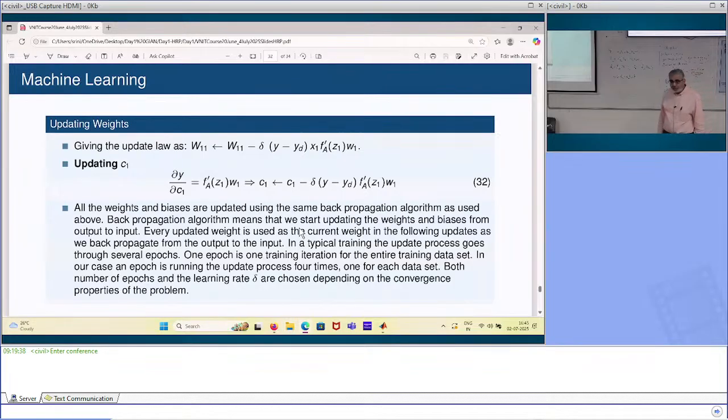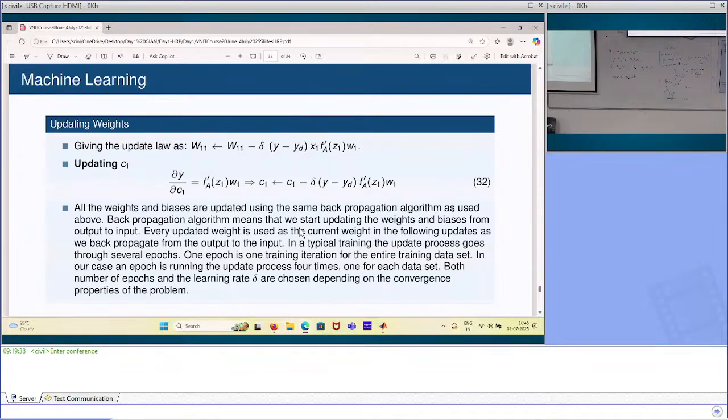The original value of W11. Then what? Delta, and then what? Derivative function of that, and then what? W1, right? So W1 we have already updated in the previous one, right? We updated in the previous part, we have updated W1.